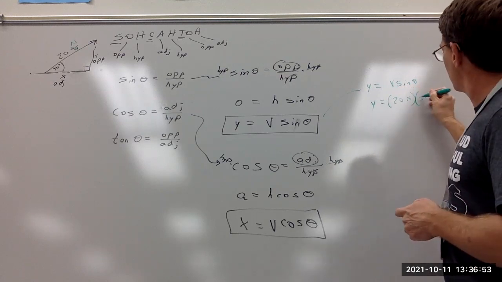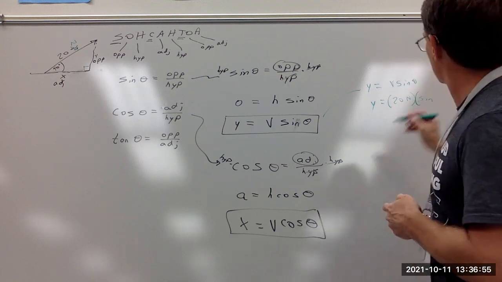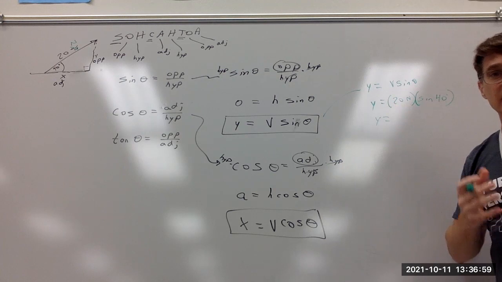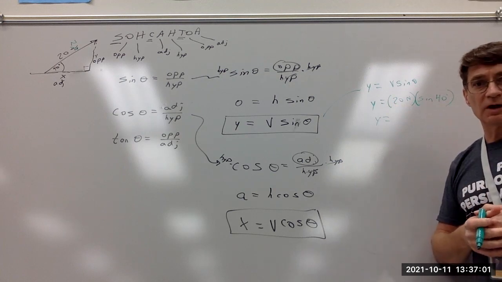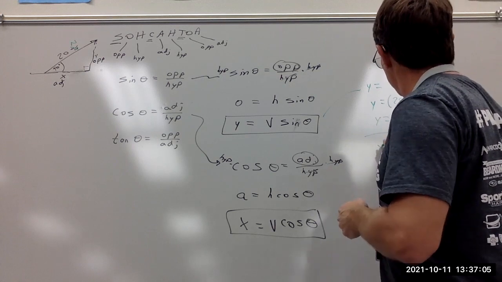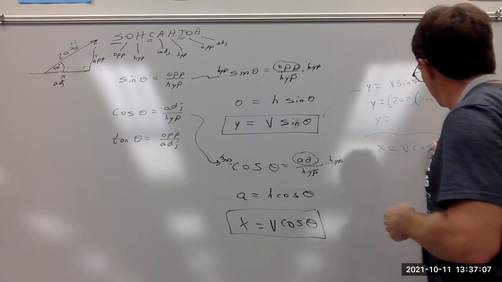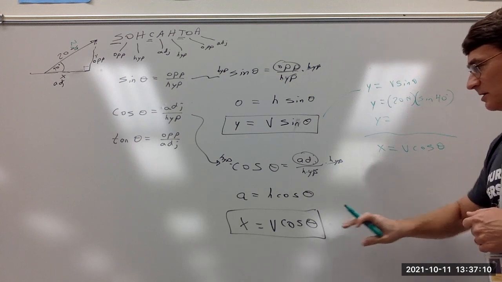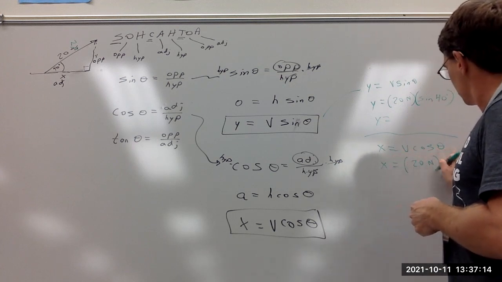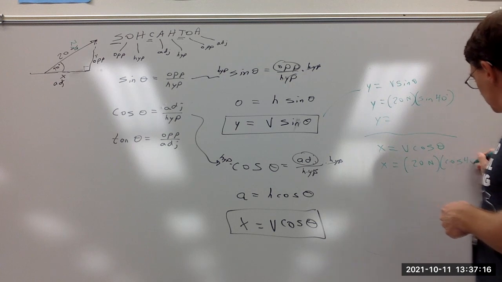And the sine of, what did I say, 40 degrees? 40 degrees. Do that and I can calculate my vertical force. I can do the same thing for the x. I can write v cosine theta. That's my x equation. My vector is 20 newtons times the cosine for it.